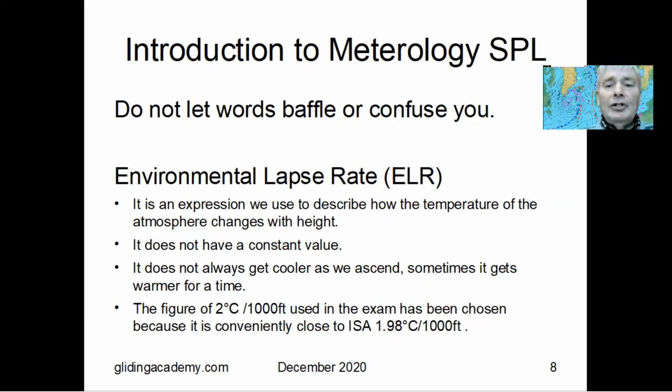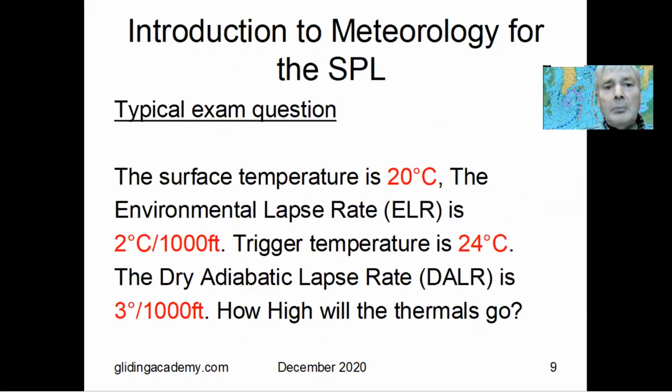In truth, it's not a constant value at all, and we have never, in the history of aviation, in the history of weather, going back thousands of years, had a situation where the temperature steadily decreases at 2 degrees C per 1,000 feet. It doesn't actually happen in reality. However, it is a very useful model to help explain what's going on within the weather, and we're going to be using it in our example now.